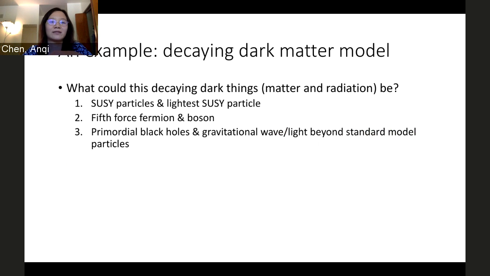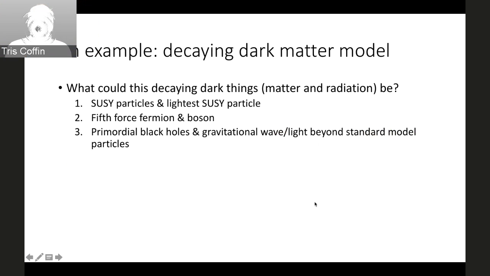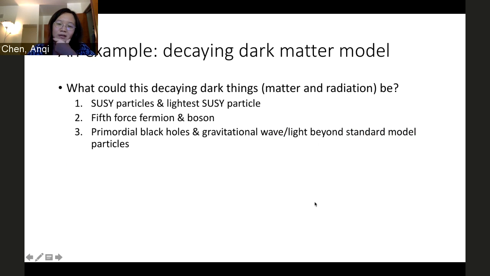Most of the energy loss in this process is radiated into gravitational waves. And gravitational waves by definition could be a dark radiation. It's relativistic, it's a radiation, and it's not detectable by particle detectors. And even more, Hawking radiation could radiate out any light beyond standard model particles from primordial black holes.